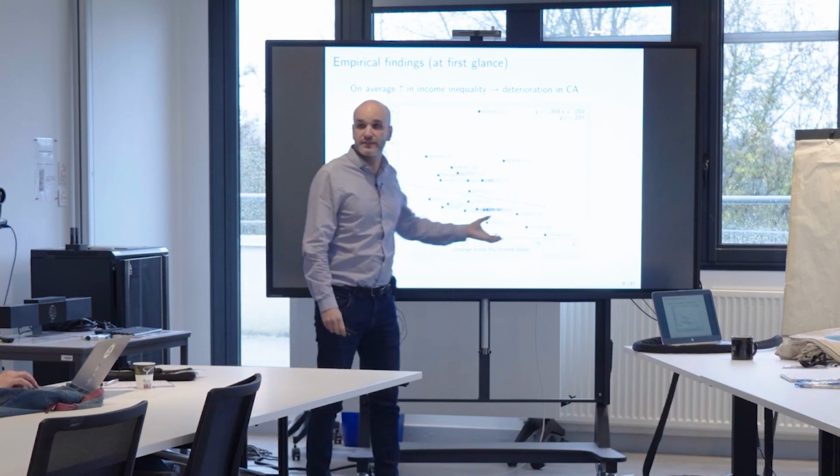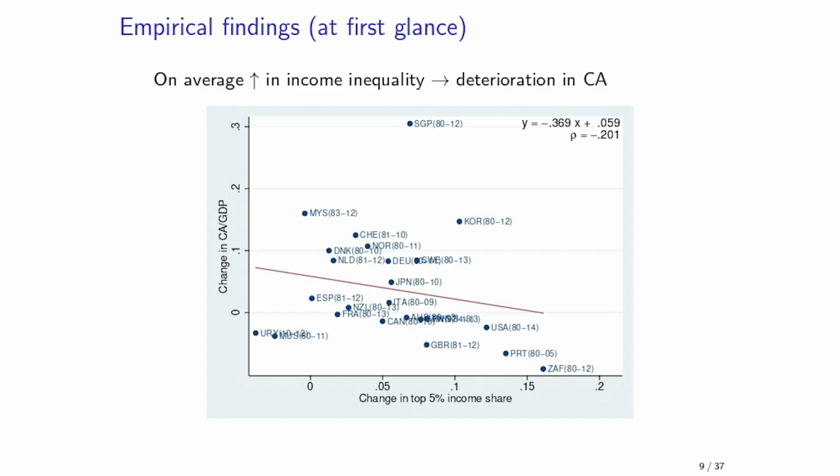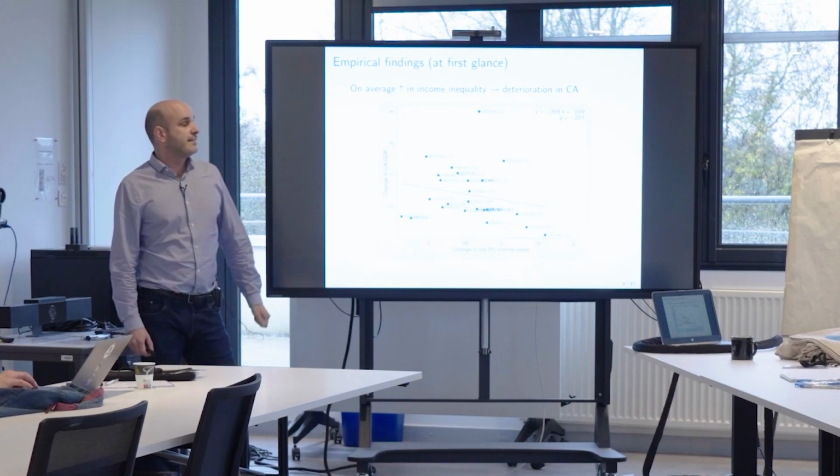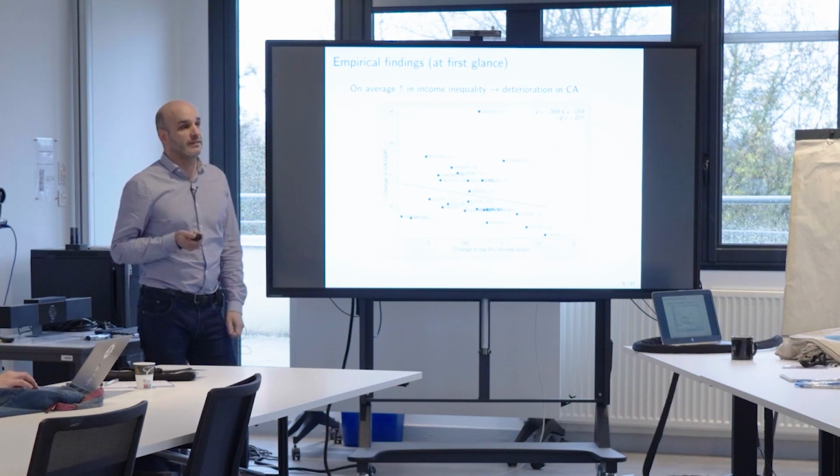So more inequality, more deficit. But then, I mean, it's not super convincing. You have countries all around. I will show later that this regression is actually not significant, and so there is more to it.